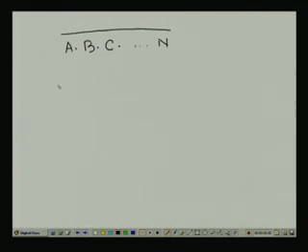Then the result will be, it is told, that if each of the variables is inverted, that means a bar dot b bar dot c bar, then dot n bar, and all the dots will be replaced by plus.